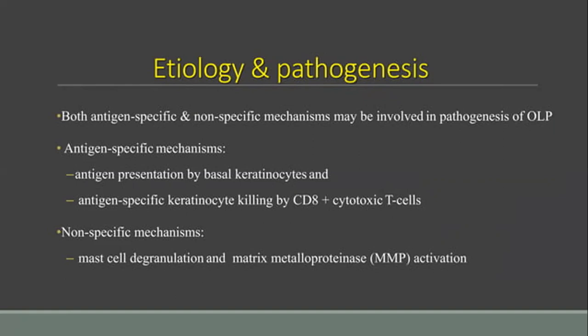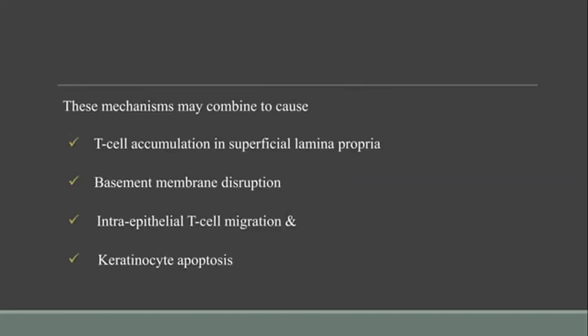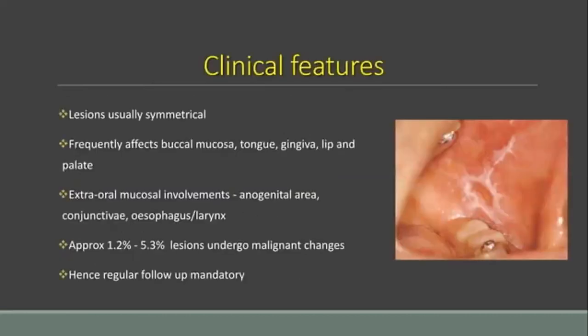Non-specific mechanisms: mast cell degranulation and matrix metalloproteinase MMP activation. These mechanisms may combine to cause T cell accumulation in the superficial lamina propria, basement membrane disruption, intraepithelial T cell migration, and the last one is keratinocyte apoptosis.